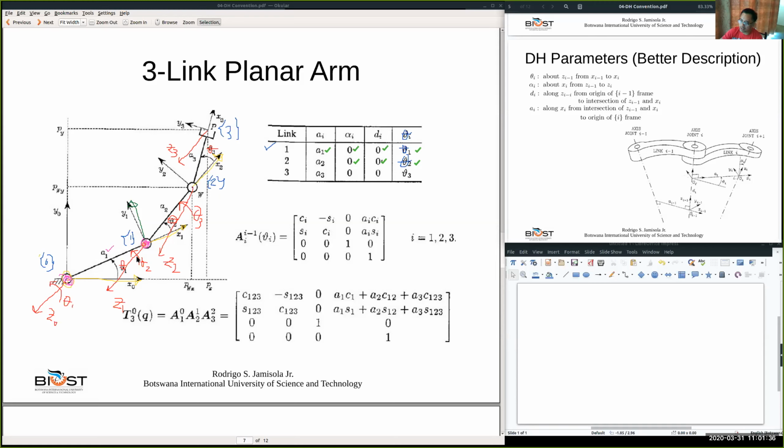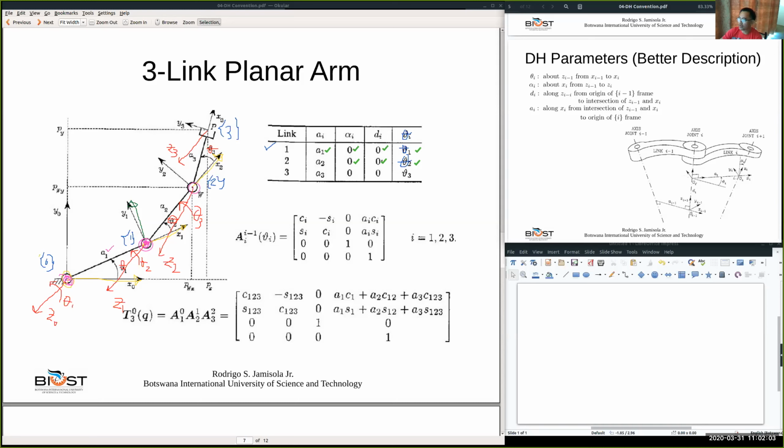So X2 and Z1, this is the intersection. Okay, this is the intersection. And then intersection of Z1 and X2, that is the one, to origin of frame 2. Where is origin of frame 2? This is the origin of frame 2.